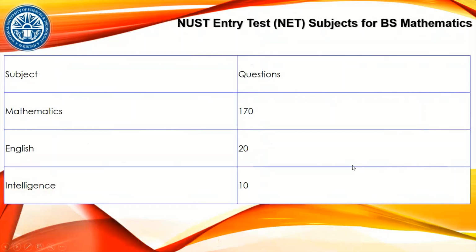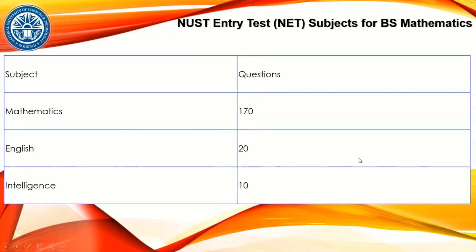Anyhow, the next is that some people are also interested in the entry test subjects for BS mathematics. This is a great opportunity to get a degree from this institution. It's mathematics, 170 questions. There's no physics and no intelligence. If somebody is interested, they will have to focus on the only subject, mathematics.